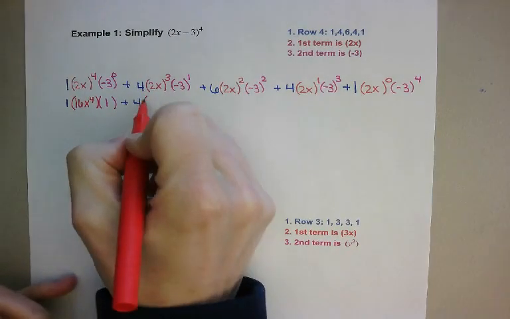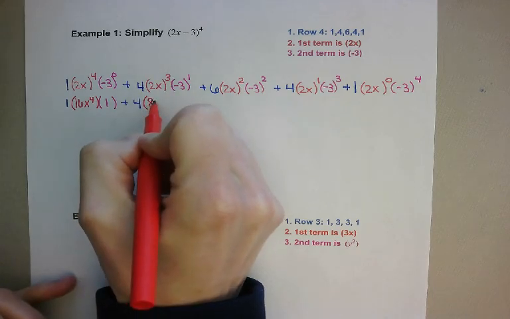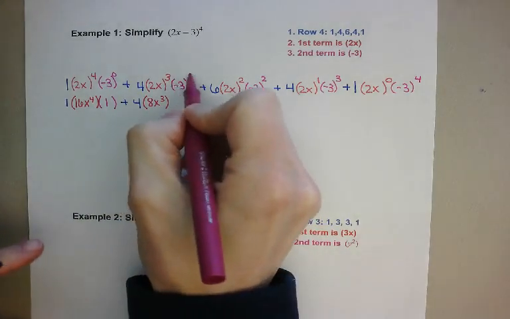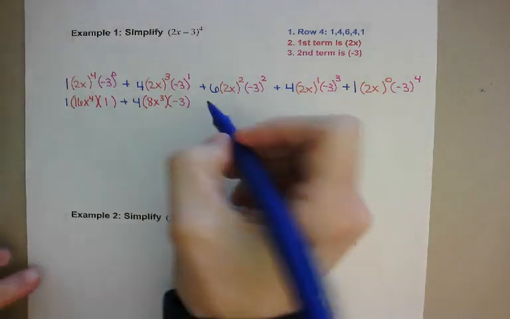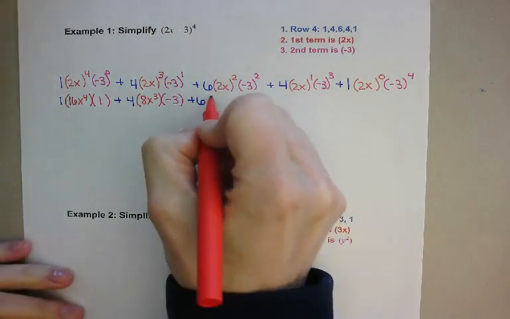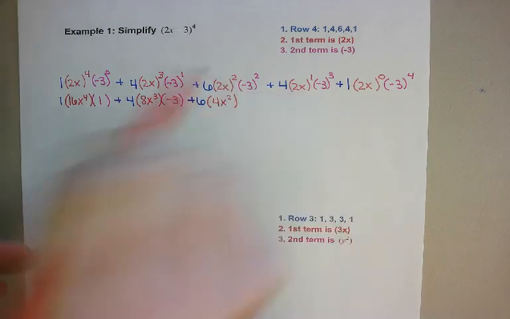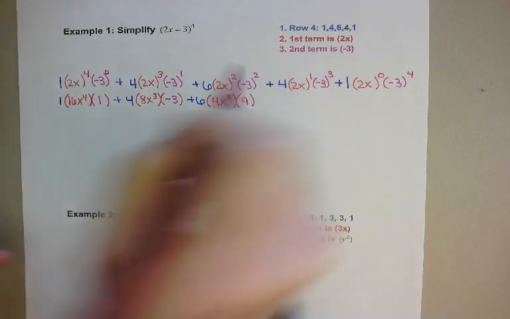We're going to take the 2x and cube it. So 2 cubed, 2 times 2 times 2 is 8. So we have an 8x cubed. Negative 3 to the first is just going to simplify to negative 3. We have our 6. A 2x squared is going to give us a 4x squared. And a negative 3 squared equals 9.